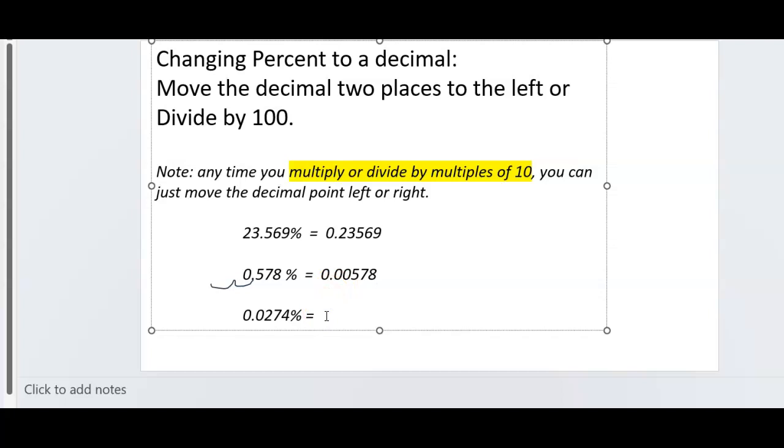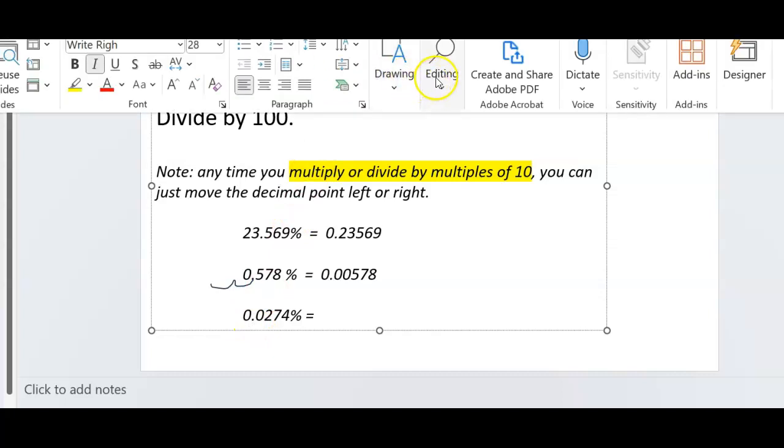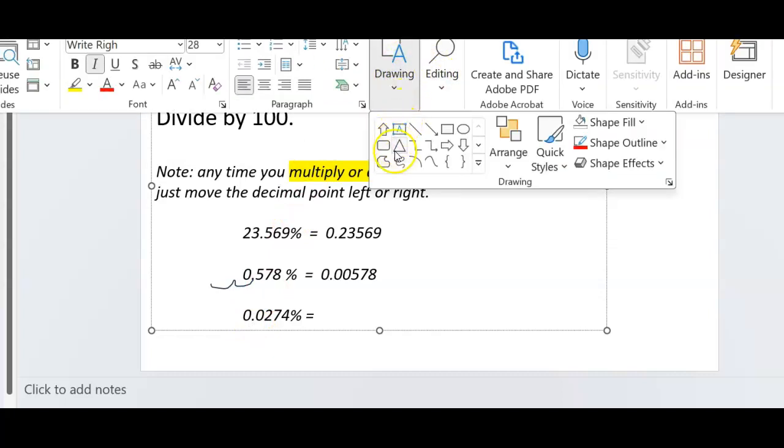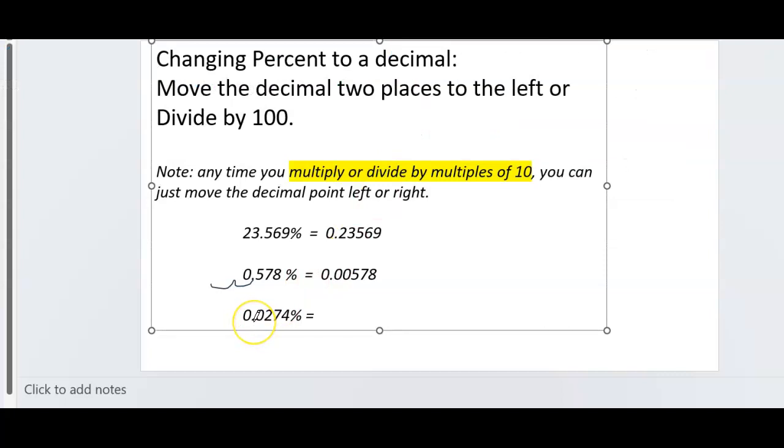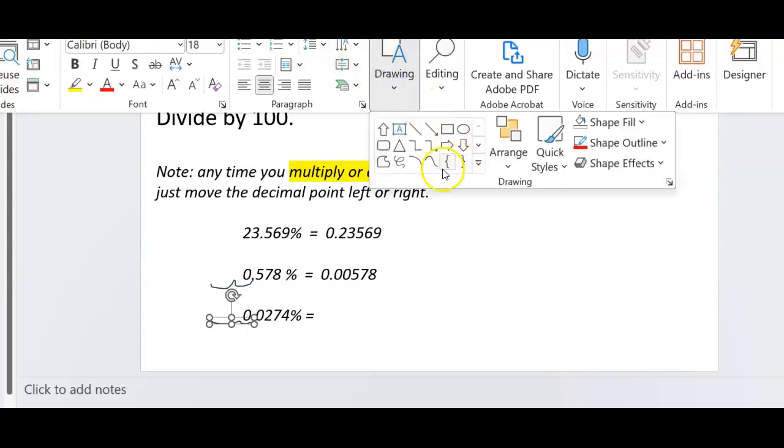Same thing with the bottom one, it's even smaller. Right? So I'm going to take that decimal place. Let me grab another drawing tool. And I'm going to move the decimal 1, 2 places to the left, and I'm going to fill in my 0.